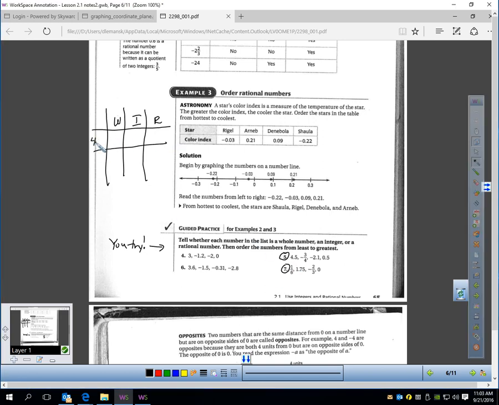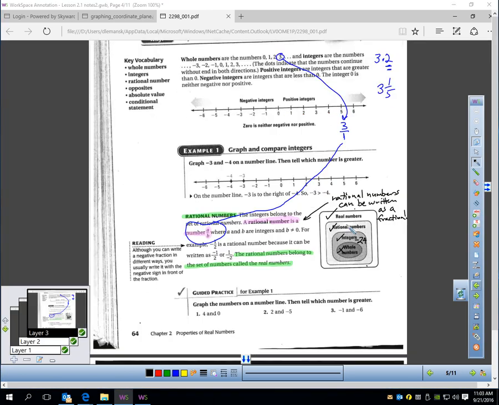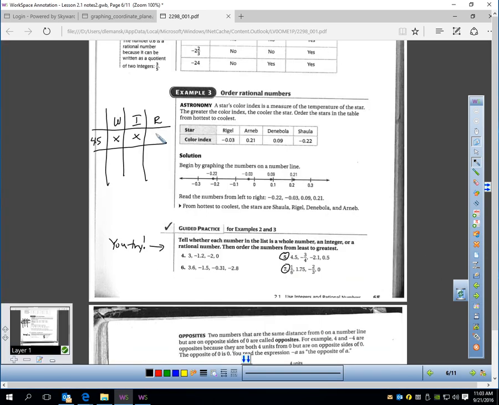Well, 4.5 is definitely not whole, and it's not an integer because it has that decimal point at the end. But remember, if I go back, it would definitely be in the rational category, which makes it real also. So it's definitely rational, definitely real. Okay? Oops. I need to put a check mark in there. There we go. Did the wrong thing.